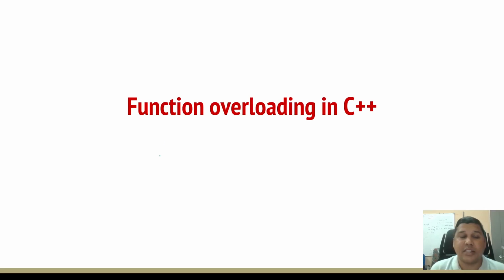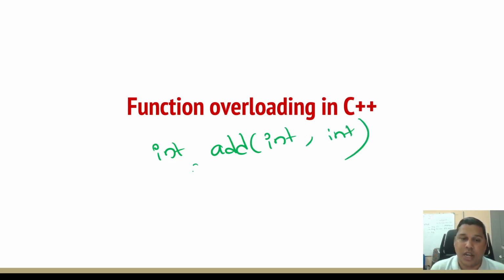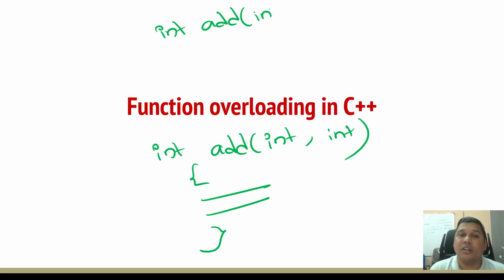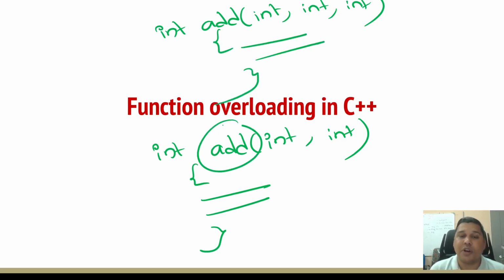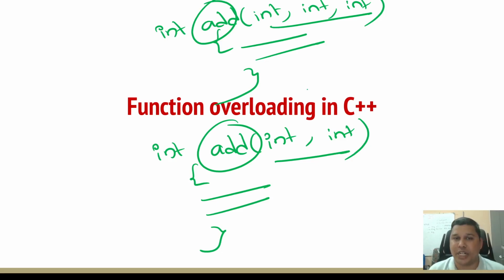Another case is like this. You can have the int add function with parameters int comma int, and write the logic for that. In the same program, you can have a function int add int comma int comma int, and write its logic. The function name is the same, and though the data type is the same, int, the number of parameters is different.